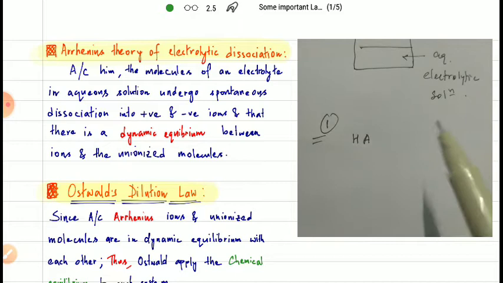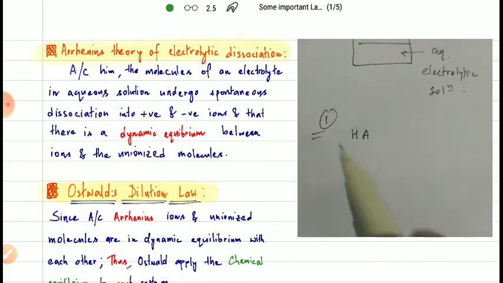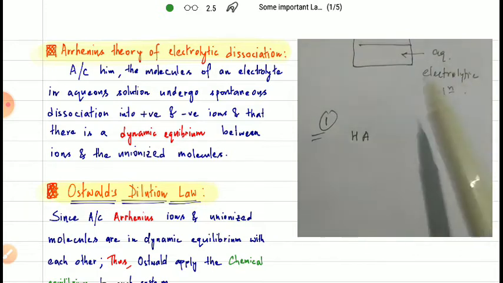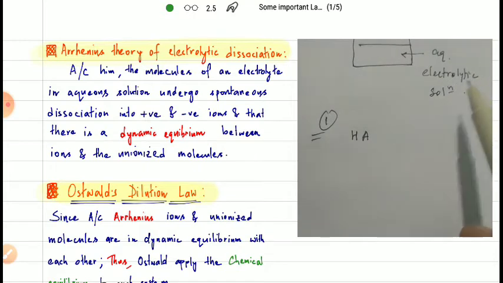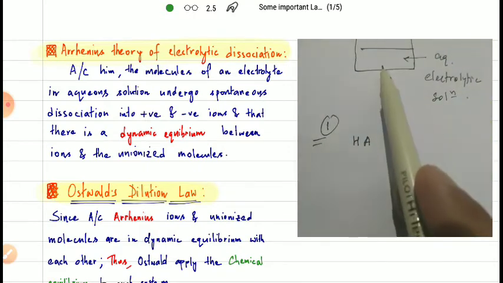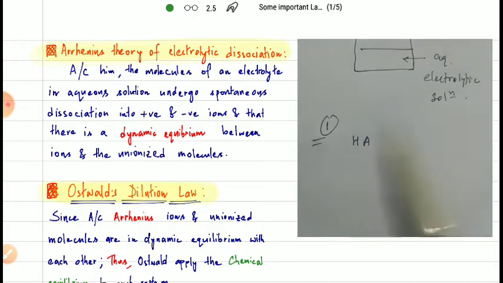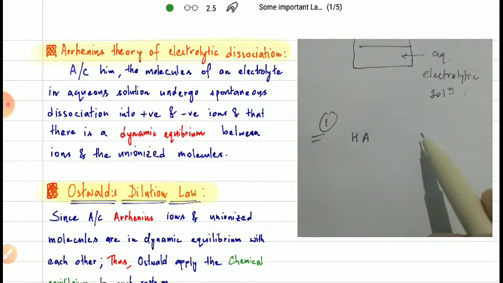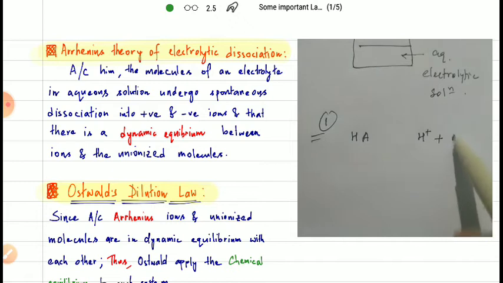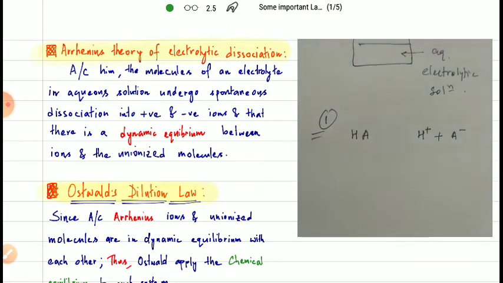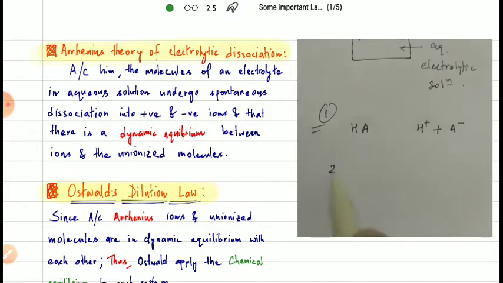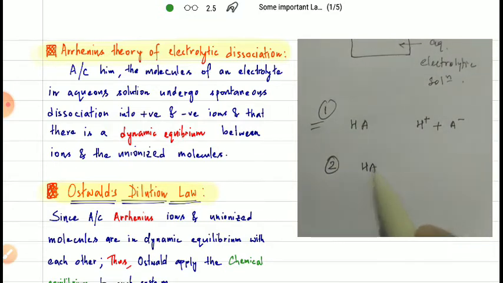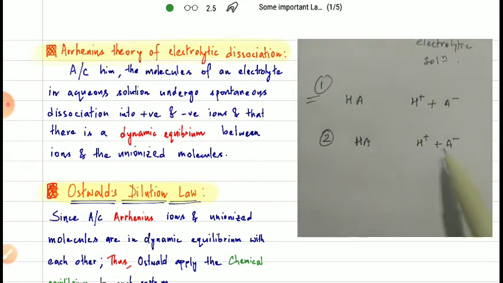So this is the first point: the molecules of an electrolyte in aqueous solution undergo spontaneous dissociation into their positive and negative ions.